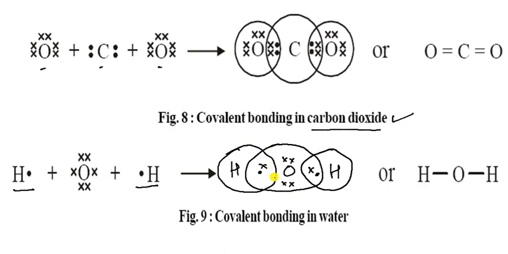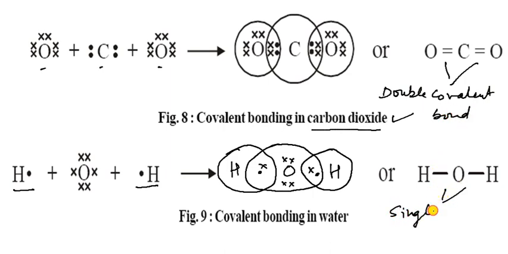Oxygen has six electrons: 1, 2, 3, 4, 5 and 6. And how can they share? They can share like this, and in this they share like this, and in this they share like this. So these are the sharing of hydrogen and oxygen atoms in the water molecule.